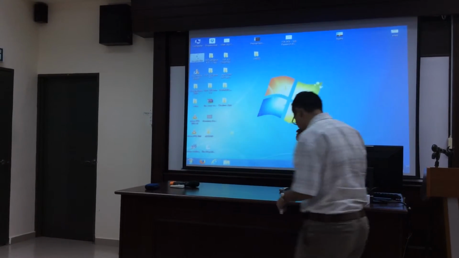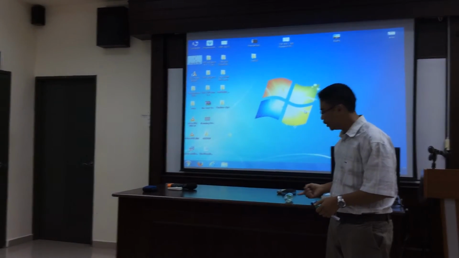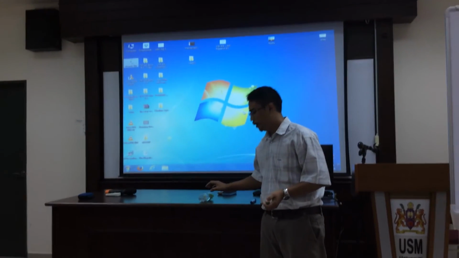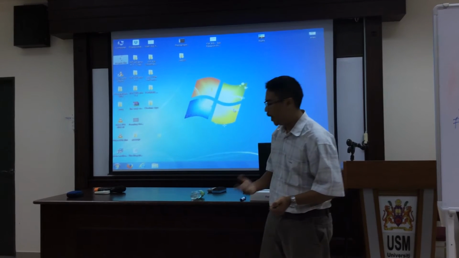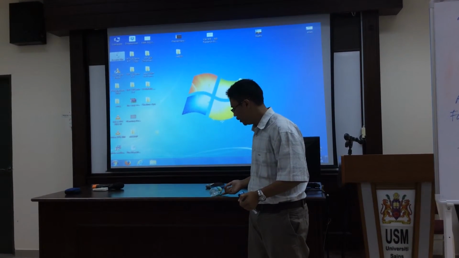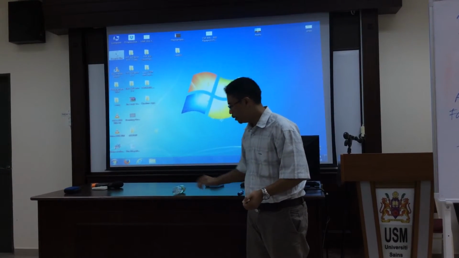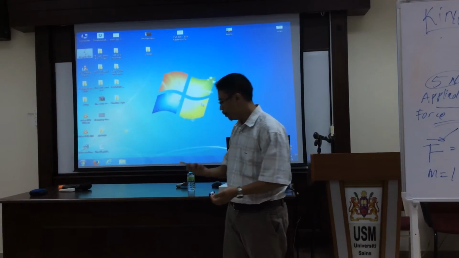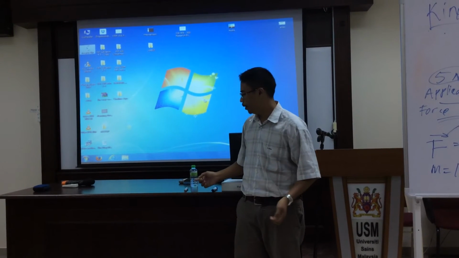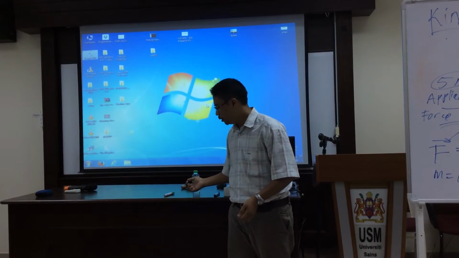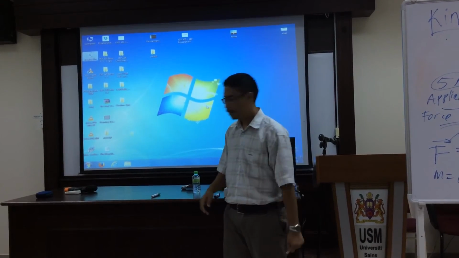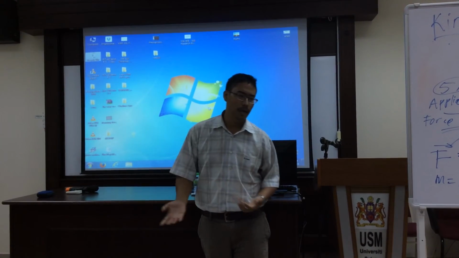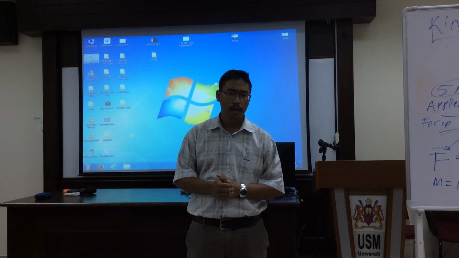If I apply the same kind of force, it only generates acceleration very mildly, so it doesn't travel much because acceleration is low. If I put a lighter, lower mass particle and give the same force, it goes faster. I hope you can make a connection with the F equals ma correlations.